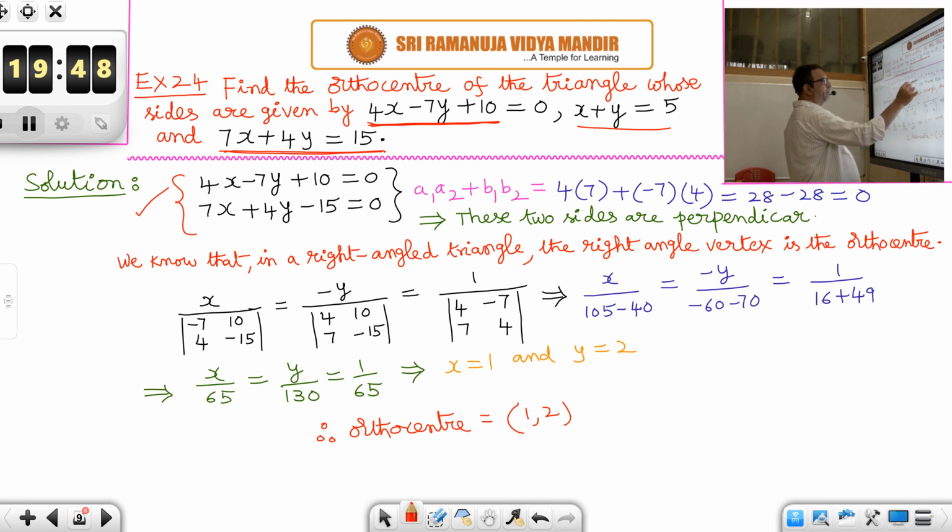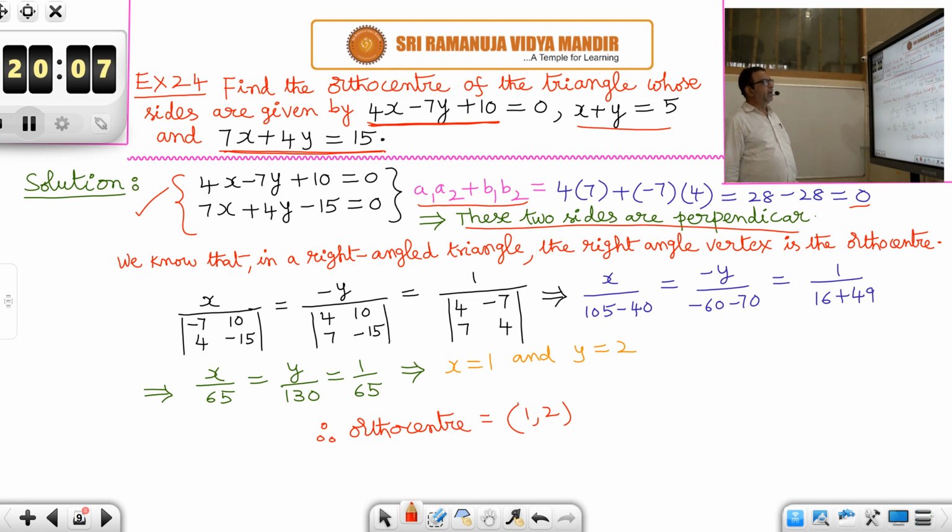So a1 a2 plus b1 b2, if you calculate 4 into 7 plus minus 7 into 4 will be clearly 28 minus 28, 0. Therefore, that is the condition for two lines to be perpendicular.